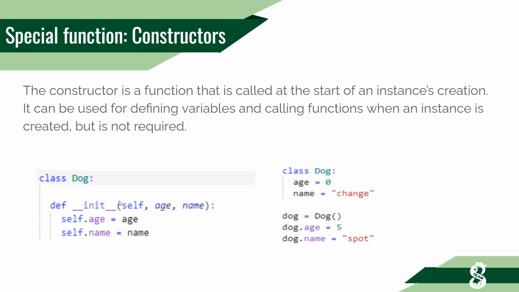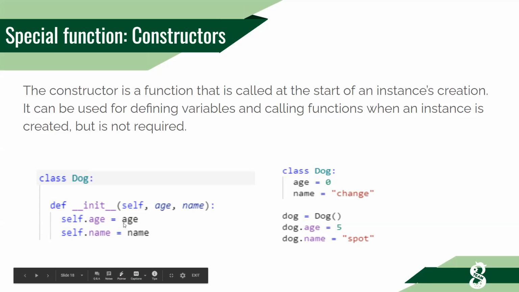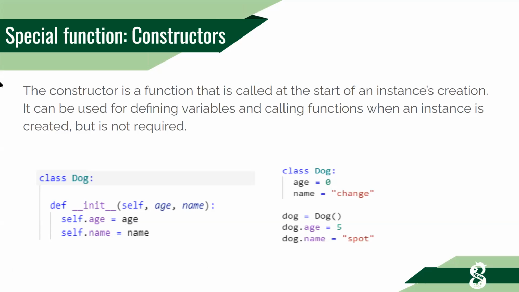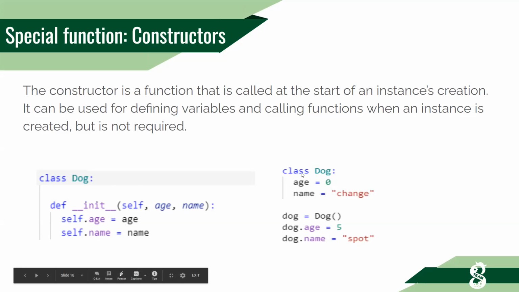And it's like any other function within the class. So you have your self keyword, you have parameters, and you have your stuff to set variables. So this code right here does the same as this, but when you're creating the instance, you don't have to make these two lines where you're setting the age and the name, because they'll be done within the init function.